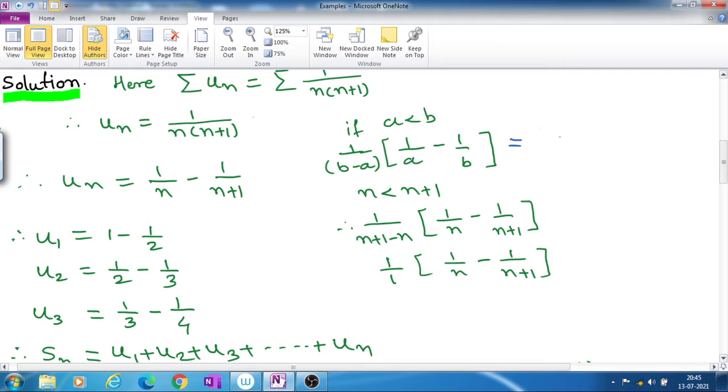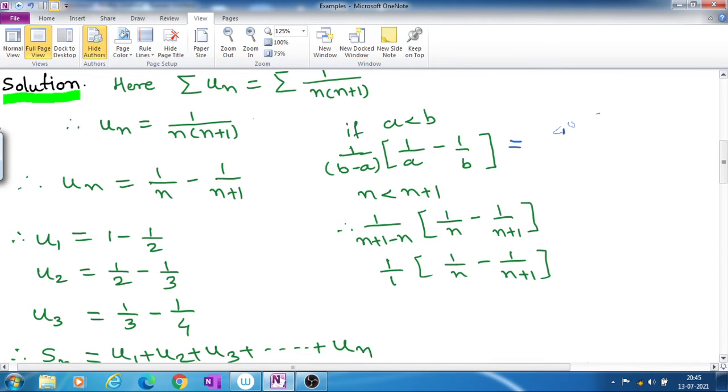Therefore we have to write here, this is equal to 1 upon a into b. A and b are two factors, and if a is less than b, then we can separate this as 1 upon b minus a into 1 upon a minus 1 upon b.